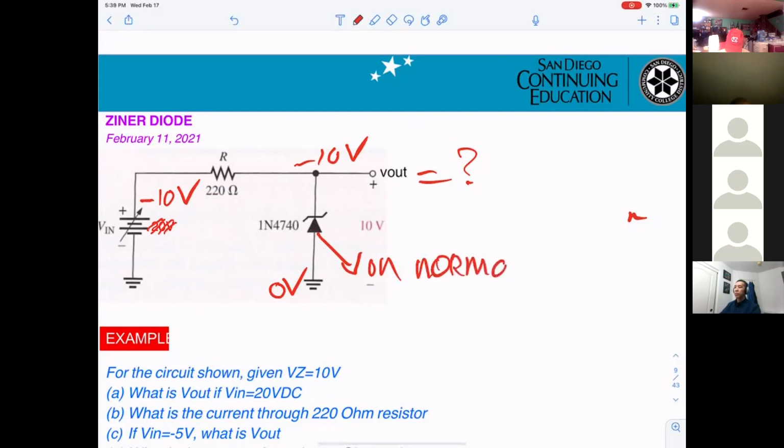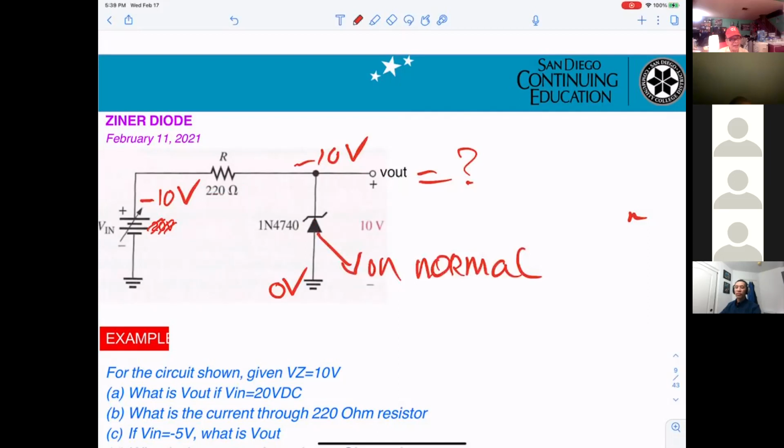Because 0 is a bigger number than minus 10. For sure, 0 must be higher than minus 10. But the diode can't support a forward voltage of 10 volts. It's going to limit out at 0.7, right?